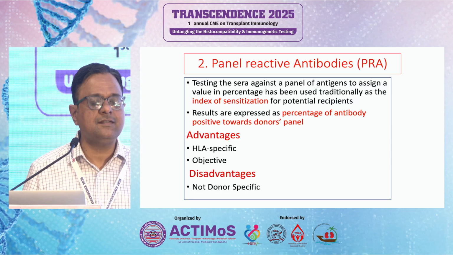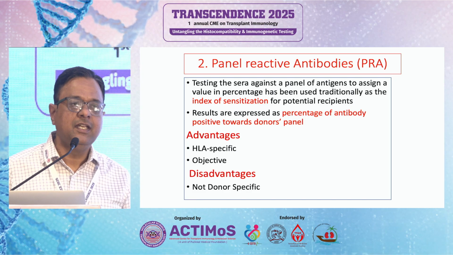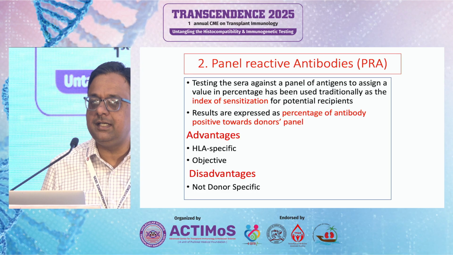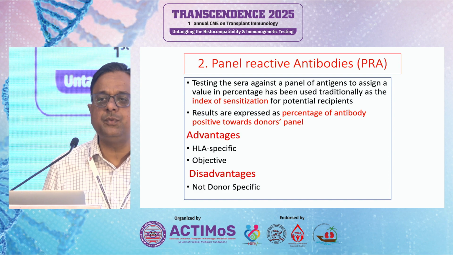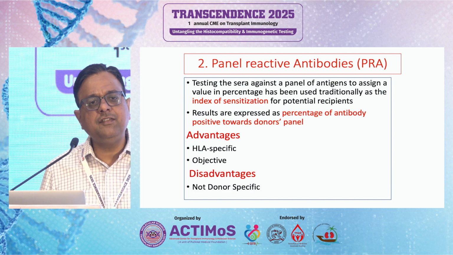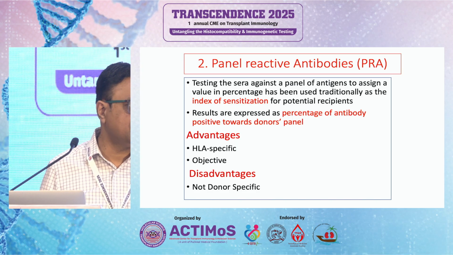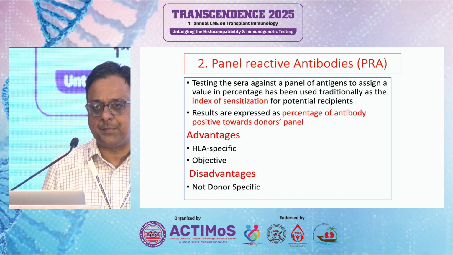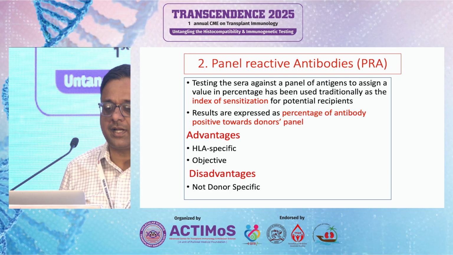If the percentage of PRA is very high, say 80%, 90%, we believe the patient is highly sensitized, so the patient might need desensitization or have difficulty in getting a suitable donor. If the PRA score is low, say 10%, 20%, we believe the patient is not highly immunized. So this helps us give a percentage and find out whether my patient is highly sensitized or not.